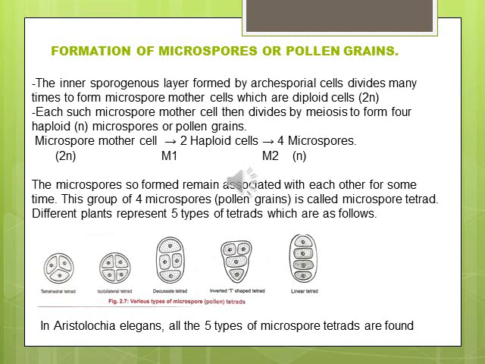It can be a tetrahedral tetrad, an isobilateral tetrad, a decussate, an inverted T-shaped tetrad, or a linear tetrad. In each tetrad there is a group of 4 pollen grains, and there is one plant, Aristolochia elegans, in which all these 5 different types of microspore tetrads are found.